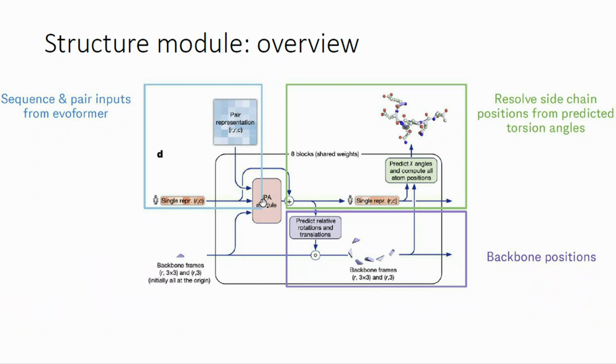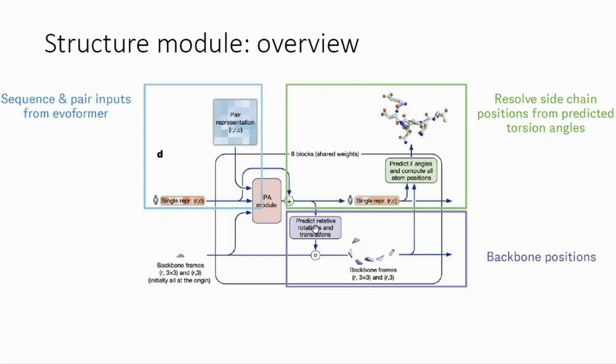It's called IPA, meaning it's an invariant module, and it updates the single representation. So it has a single output from the IPA module, which is again a latent feature, so it's not the geometric feature. You lose the geometric feature at this stage, but then you use another network to extract the geometric information back from that latent feature, which is the relative movement of the frame given your current geometry, given your current neighborhood information.